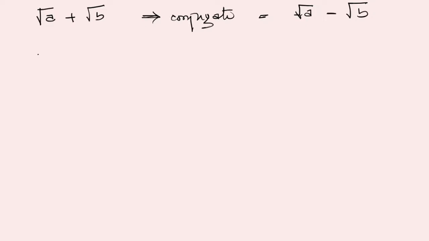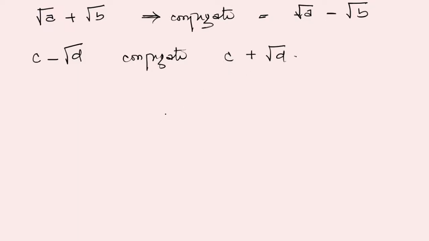If the expression is c minus root d, the conjugate of this expression is c plus root d. All we have to do is change the sign in the denominator, and that gives us the conjugate, and that's what we multiply the numerator and the denominator by to rationalize that expression.